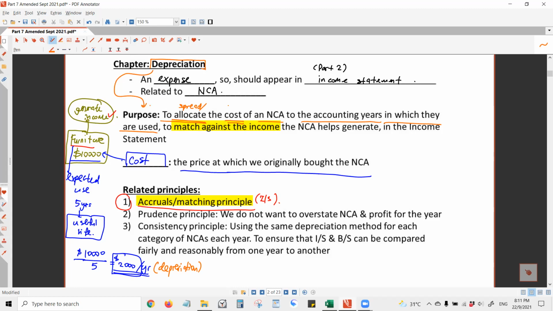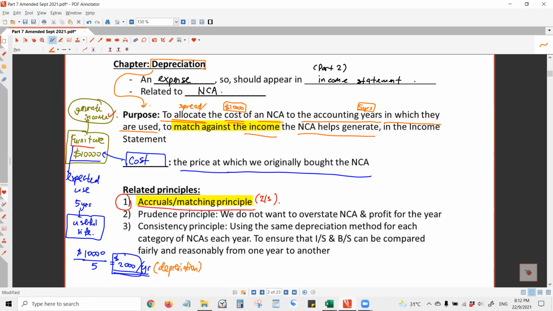I took the cost of the furniture, which is 10,000, and spread it to those years in which they are used, which is 5 years. I spread the 10,000 to all those 5 years equally. So that is depreciation. Allocate the cost of an NCA to the accounting years in which they are used to match against the income the NCA helps generate.